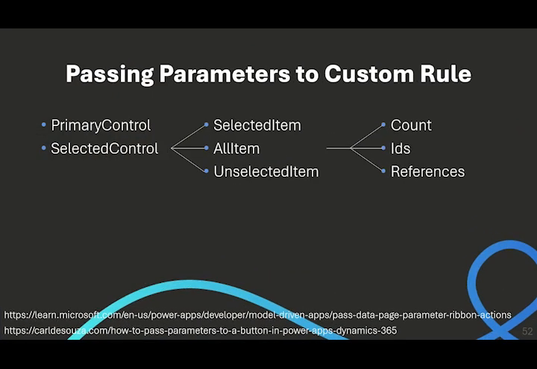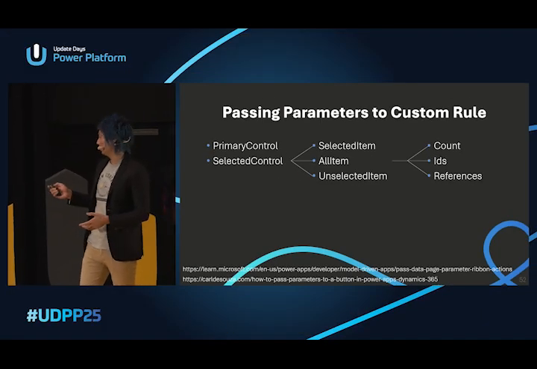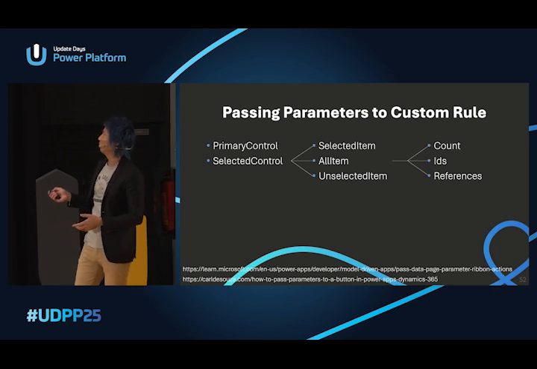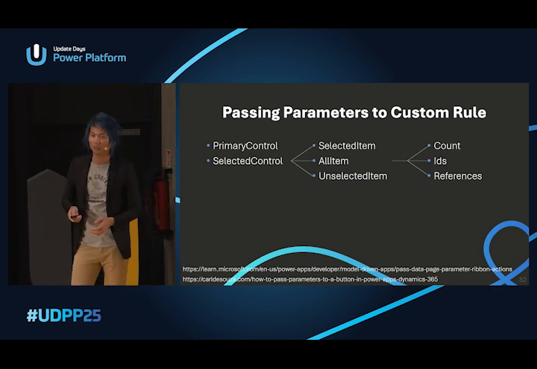This is for the subgrid control, so how many records the user has selected, and you can get the IDs or entity references so that you can loop through and process. So let's say you want the user to generate a PDF for a number of order lines, and they select them, then you can use that on the record to find out what the selected IDs are, or all items, or unselected items. So you can do that.